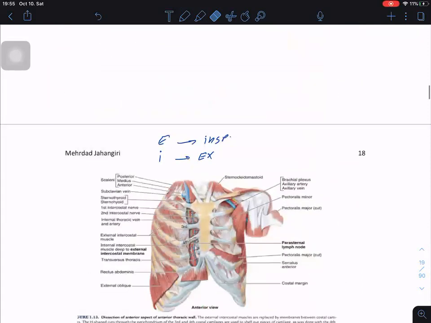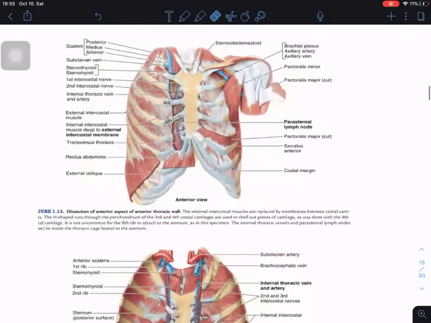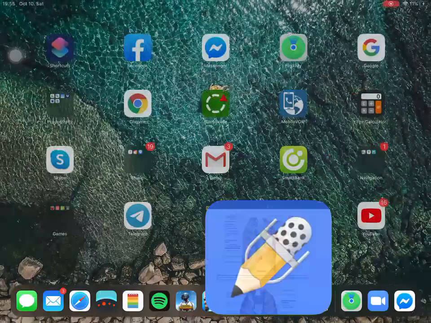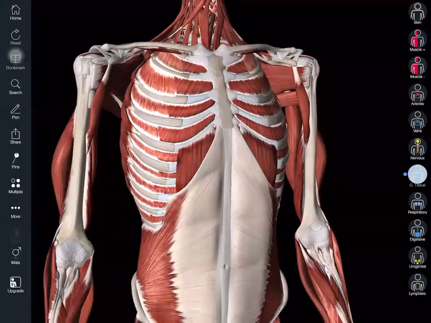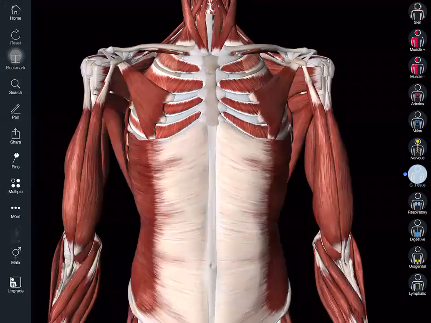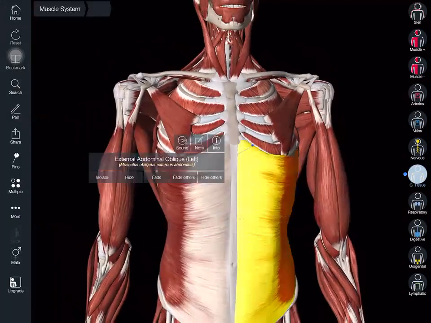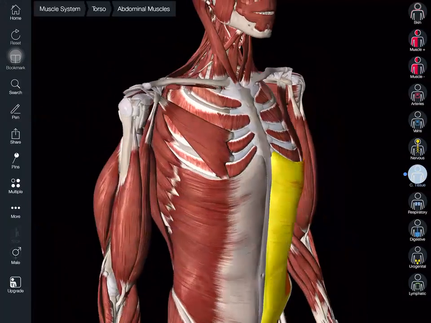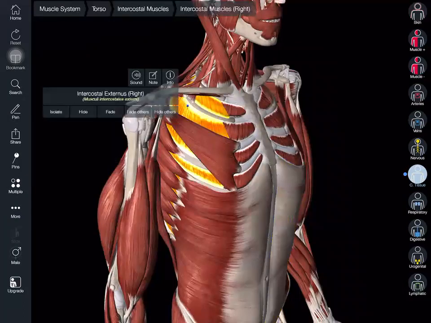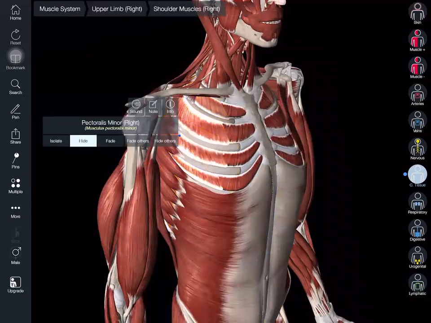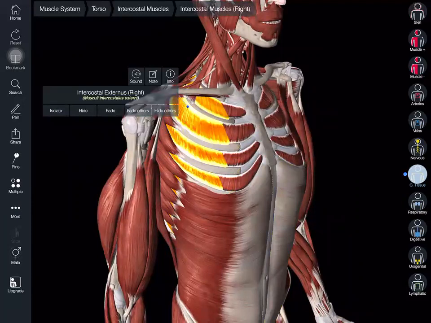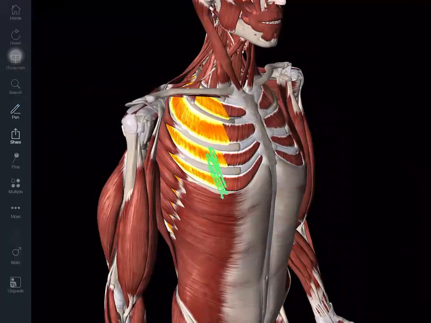Something else that I will have to mention is that, let me show you on the application because it works much better. So if you're looking at the external intercostal muscles, you're able to see that the fibers are actually running down. I mean, on the cadaver, it's more like that.